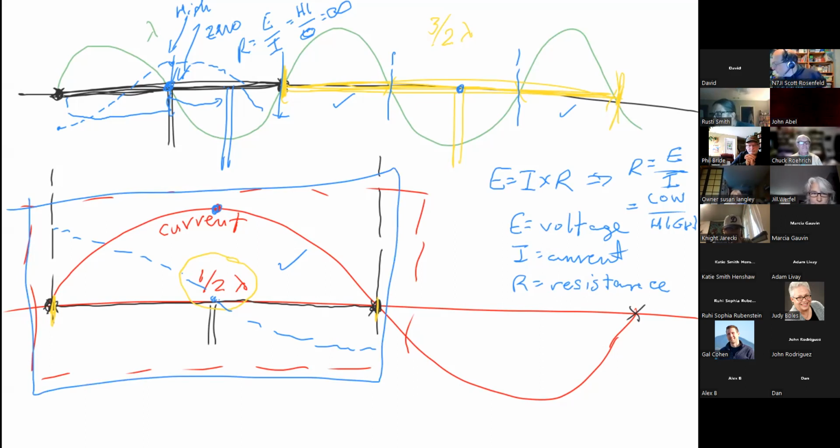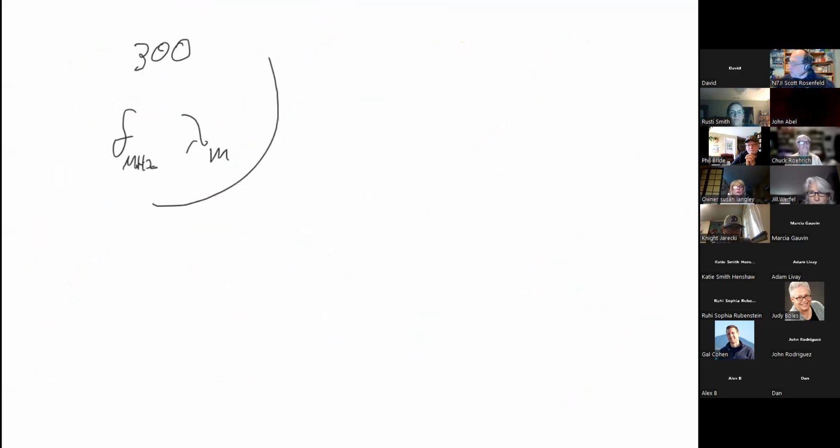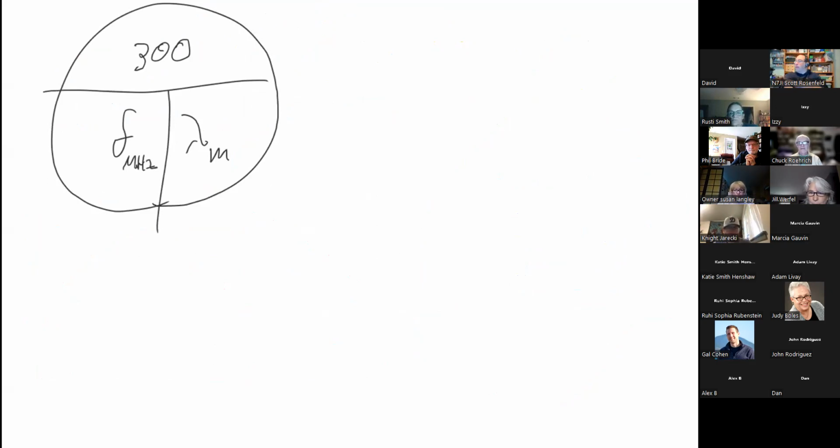Okay, so now that we have this thing called a half-wave antenna, we're actually going to say, how long should it be? Now, does everyone remember this formula that we did yesterday? Everybody remember we did that? Yes. To basically link together our frequency and our wavelength?